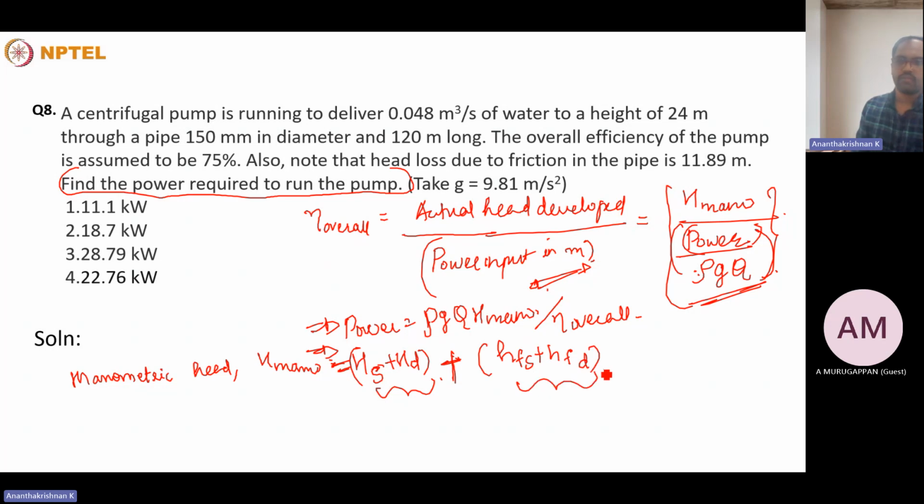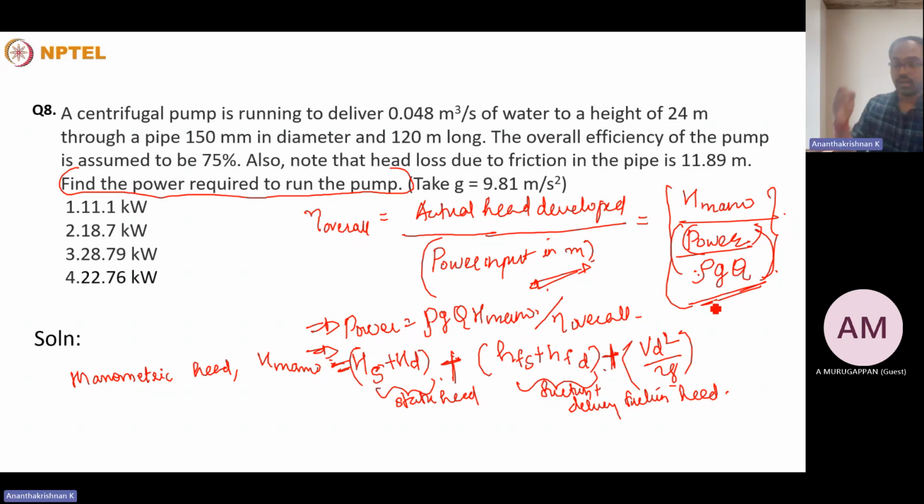The third is the suction plus delivery friction head, and the fourth term is the velocity related dynamic head. All these terms are included in the manometric head.